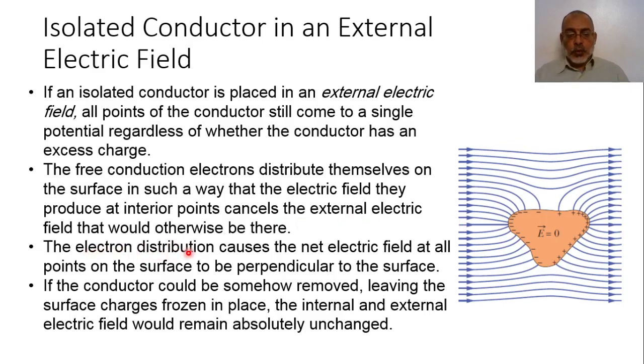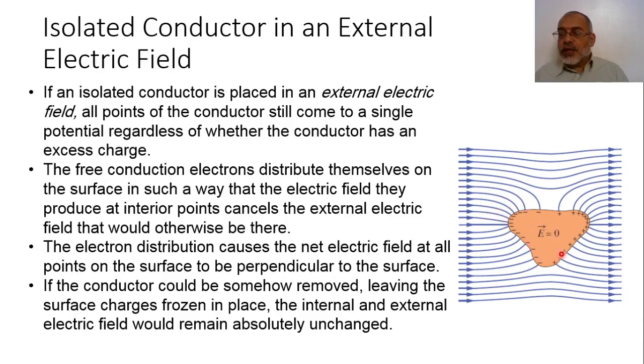The electron distribution causes the net electric field at all points on the surface to be perpendicular to the surface. This is another point. This introduced charge distribution is such that the electric field lines on the surface of the conductor must be perpendicular to the conductor.